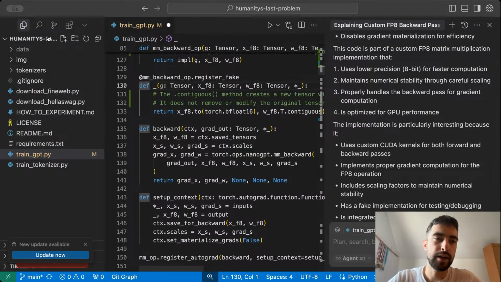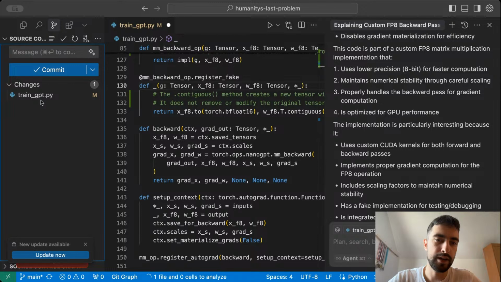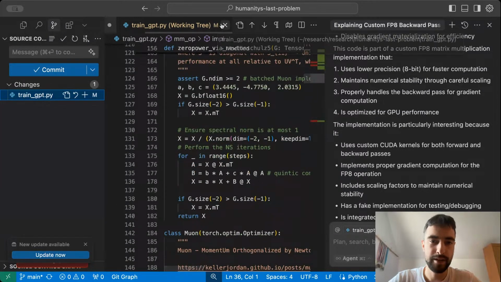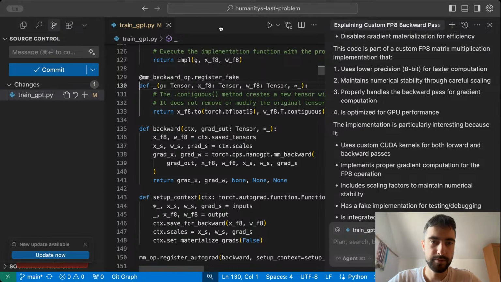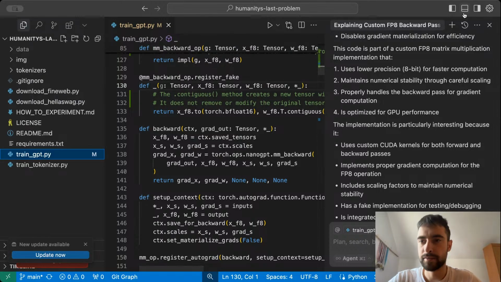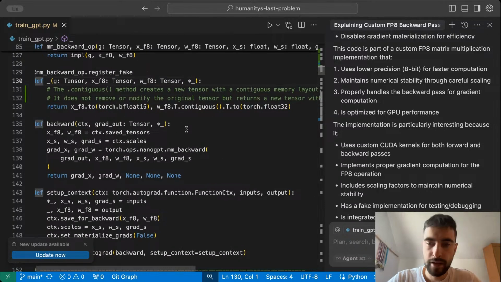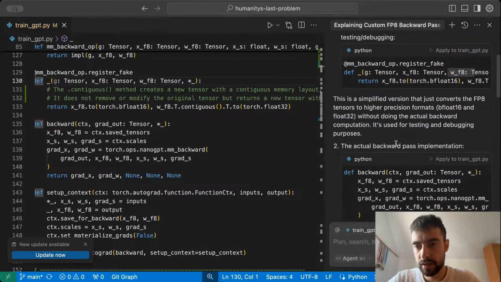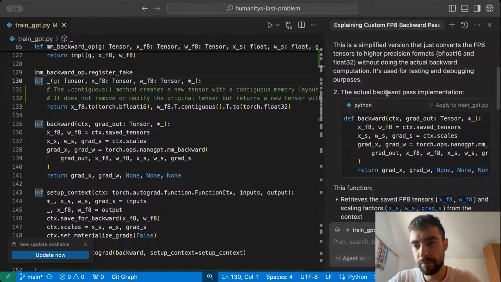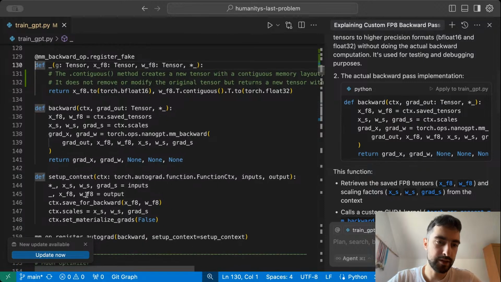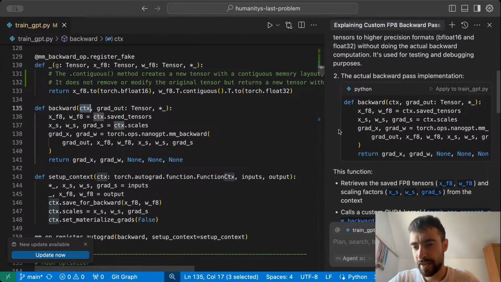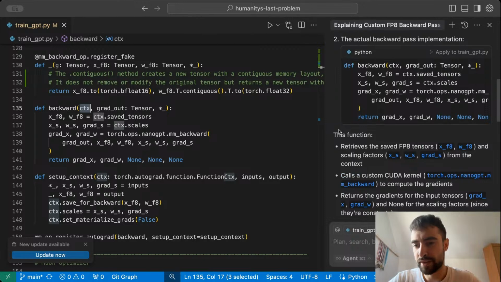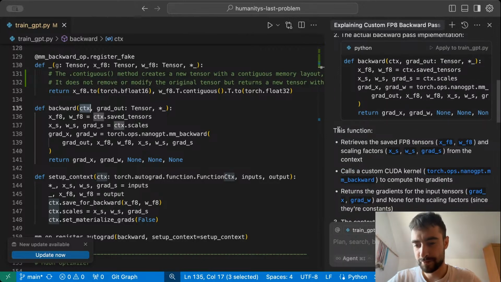Okay, next, I'm gonna just check my modifications of this file. Okay, that's it. Let's go back. Okay, what does this say now? Okay, actual backward pass implementation here. What is CTX? It looks like some kind of context, but I don't know what context.